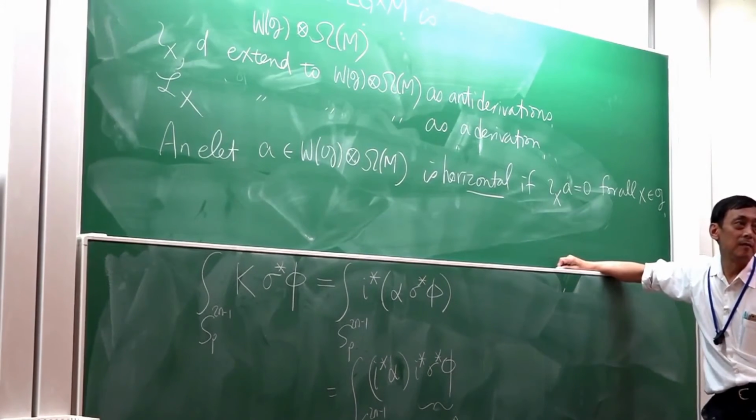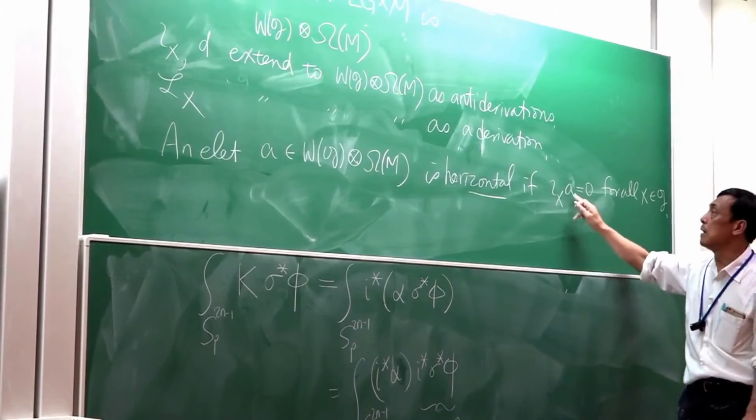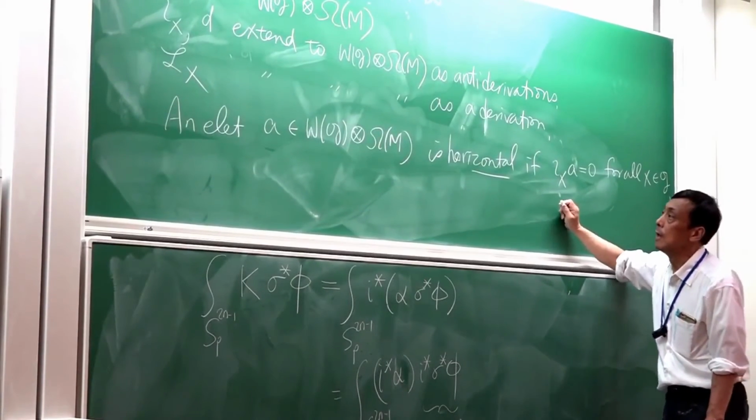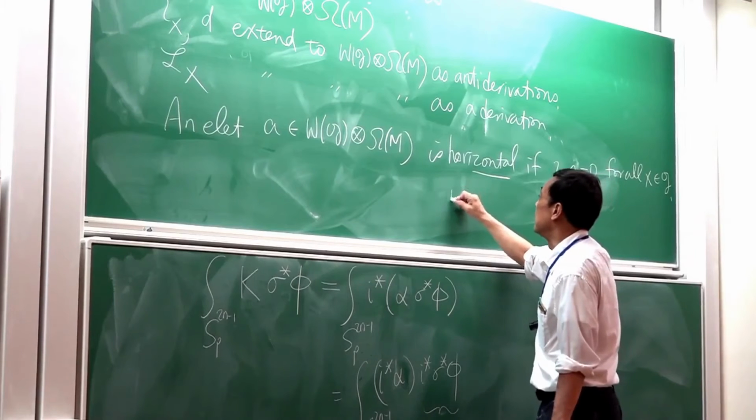So horizontal means that if you apply it to a vertical vector, you get 0. And it's invariant.